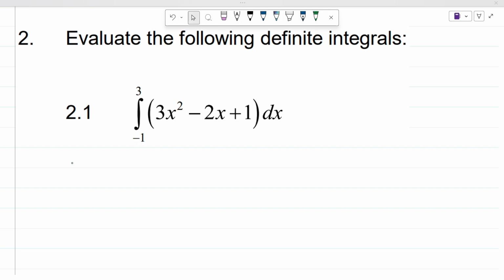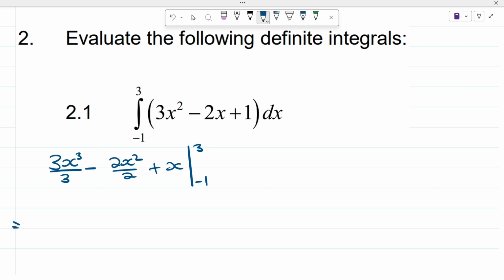So the answer for this is going to be just 3x cubed divided by 3 minus 2x squared divided by 2 plus x, and then your limits being 3 and minus 1. Then we substitute our limits there.